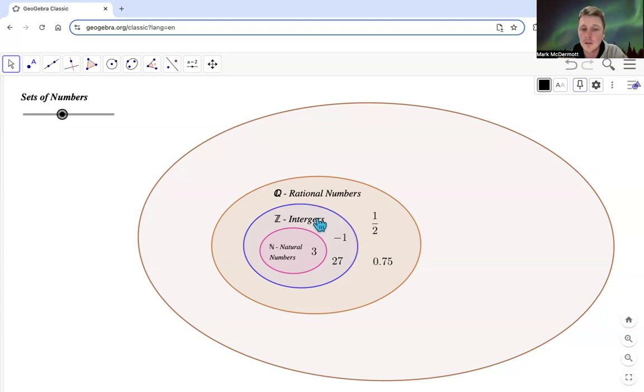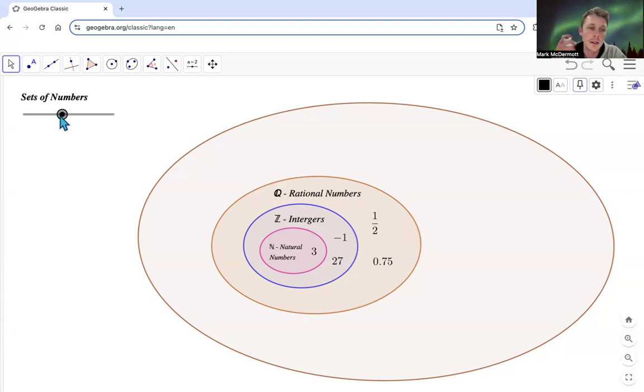All integers and all natural numbers are rational numbers, because if I take the number 27, I could express that as a fraction, as 27/1. That would be the ratio of 2 integers. So rational numbers are going to be a larger set than integers, but it's going to include things like 0.5. That isn't a whole number, but it is a rational number.